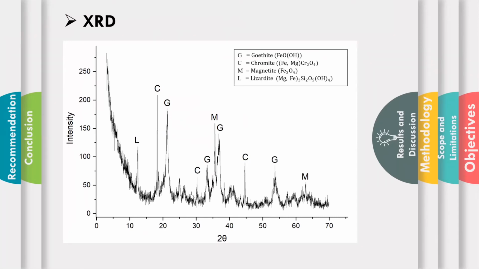The peak intensity represents the atomic composition in the crystal structure. As you can see on the graph, it indicates the presence of goethite, chromite, magnetite, and lizardite, meaning goethite is a predominant mineral within the saprolite ore. Also, presence of lizardite shows that the sample is a siliceous type.